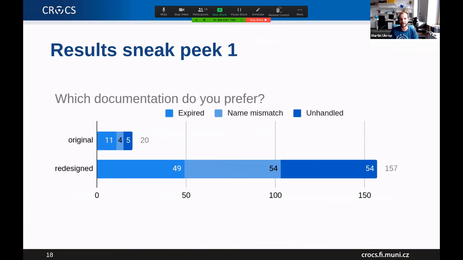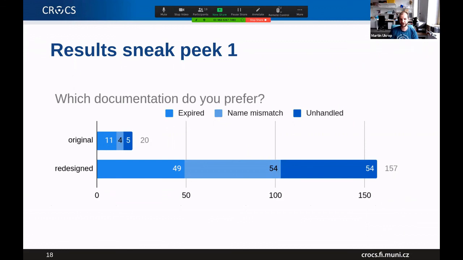For example, expired is rather well known, so we would expect that people may want short documentation because it's simple. But the unhandled critical extension is something that's quite complicated and quite rare, so the devs don't understand it right away usually.